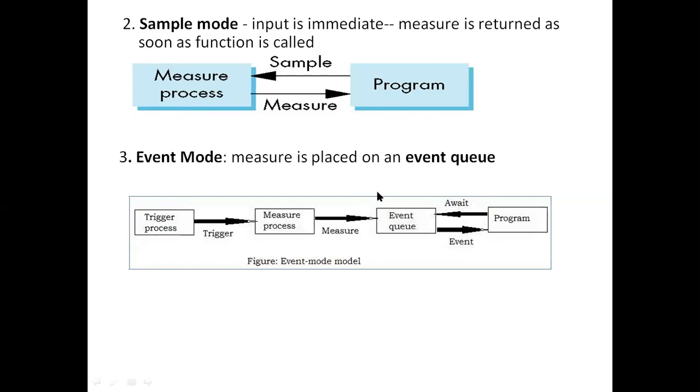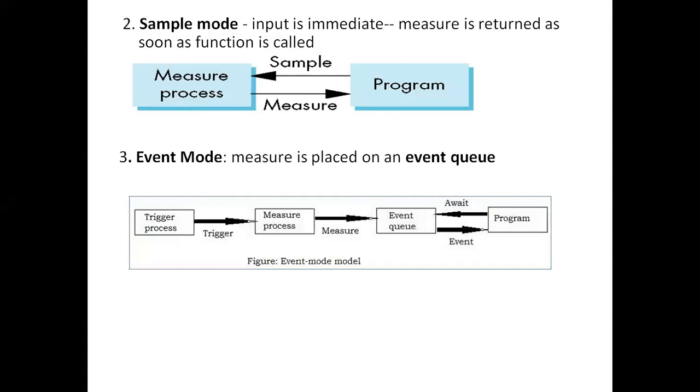That particular method is called event mode. That means there may be some event going on, so whatever information you have given may have to wait in the event queue.